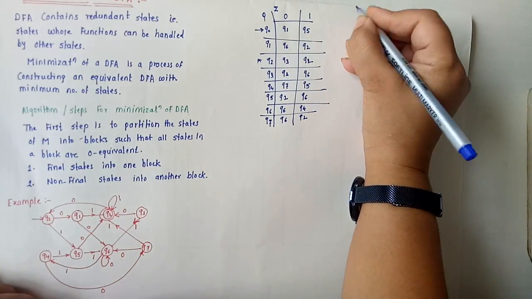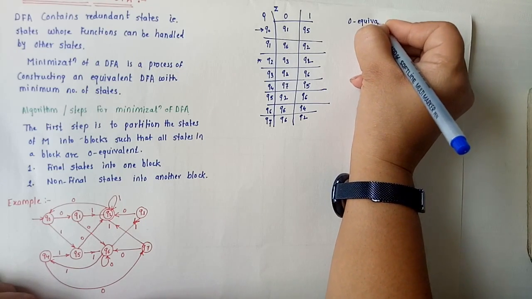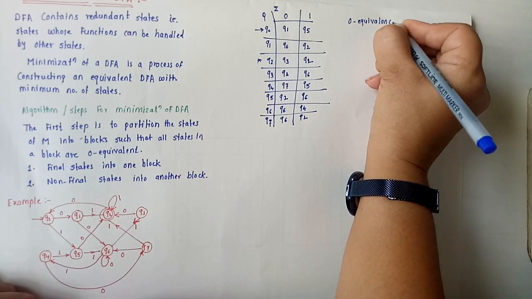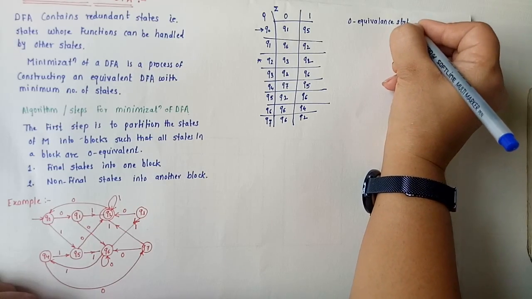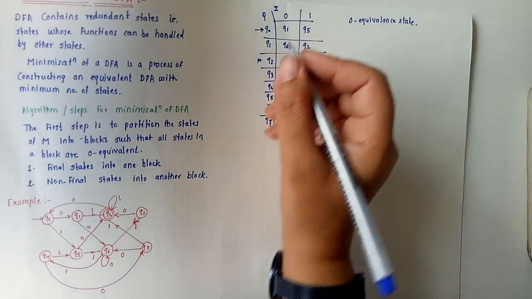In 0 equivalence we divide the states into two parts.